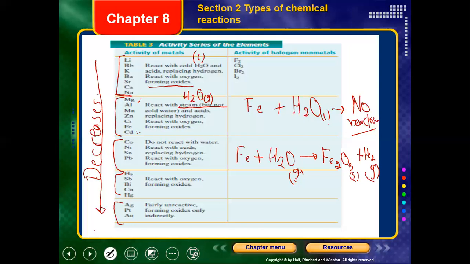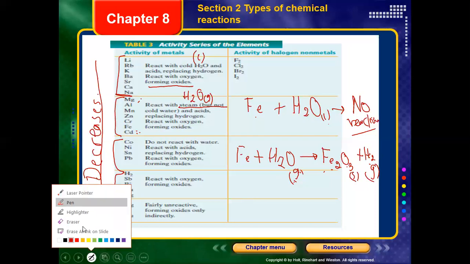In these two examples, when iron reacts with water in liquid state, there is no reaction. When iron reacts with water in gas state, there is a reaction, and the products are two: iron(III) oxide and hydrogen gas. This is the second point about the reactivity series.